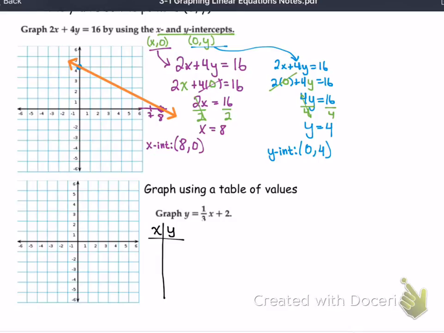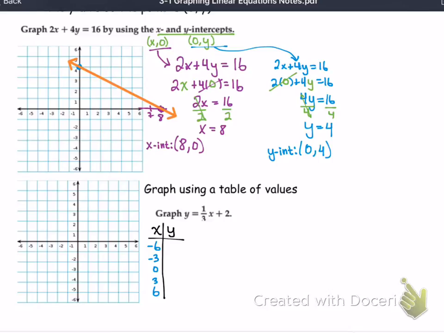Now, normally I would pick like -2, -1, 0, but if I pick -2 here, I notice I have a fraction, and it's being multiplied to the x. So I've got to think about what would be some good numbers to choose for x that are going to be multiplied by 1/3. If you thought -6, -3, 0, 3, and 6, that might be good.